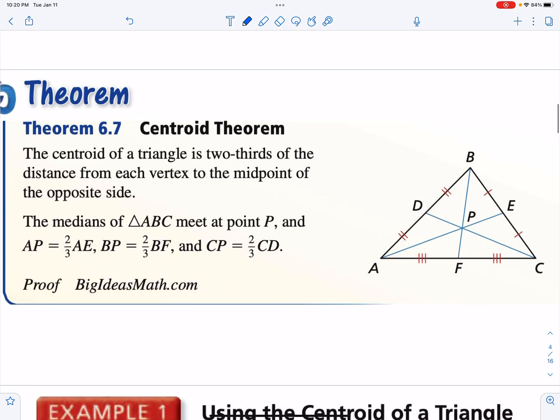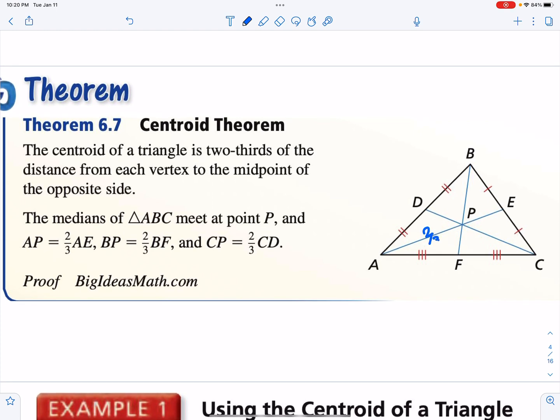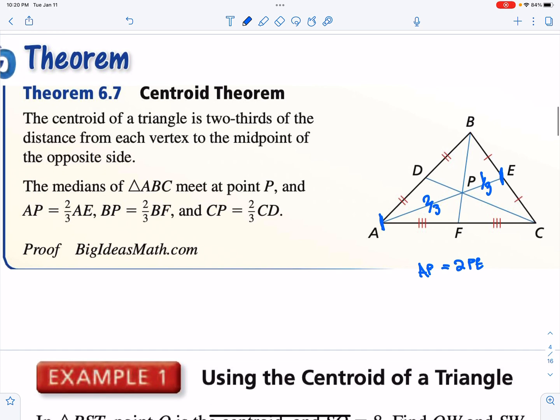If this is a 2/3 relationship of the entire segment, we also know that this part has to be 1/3. In other words, AP is going to be twice as big as PE because it has a 2/3 to 1/3 relationship.